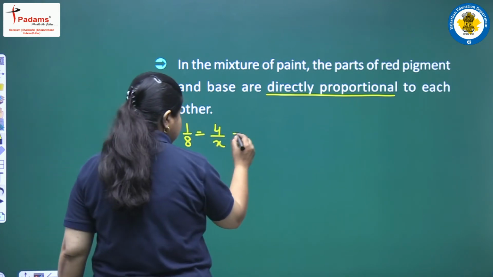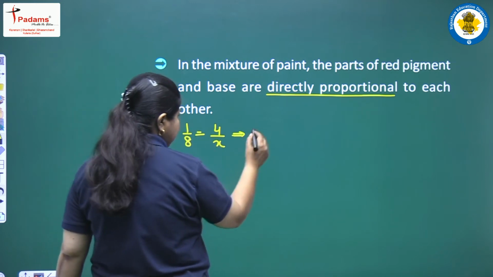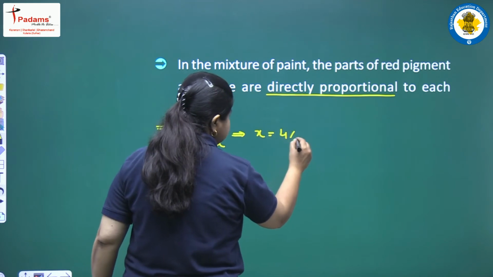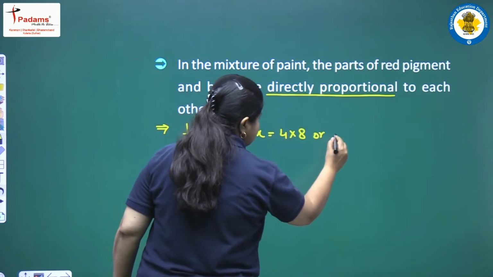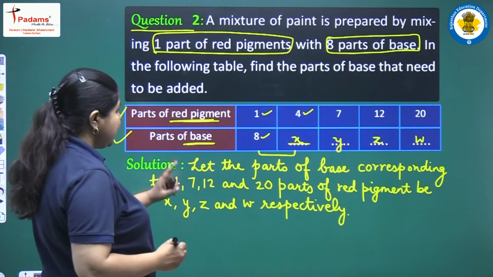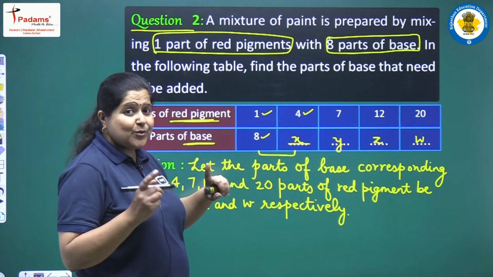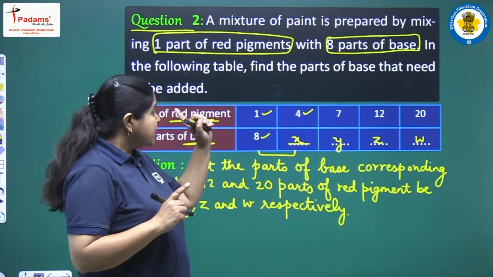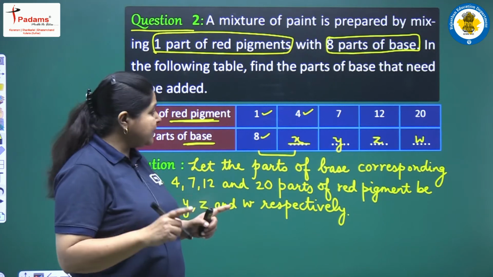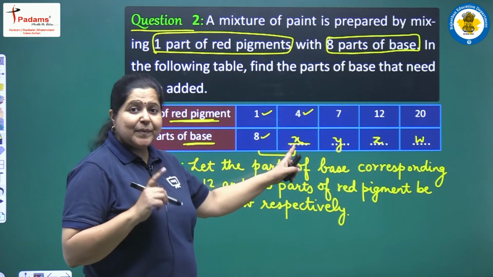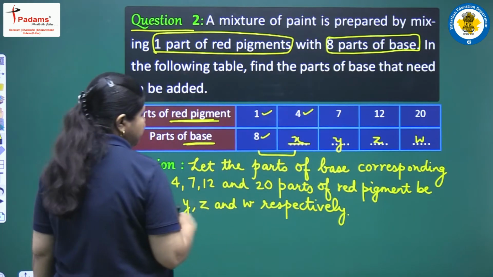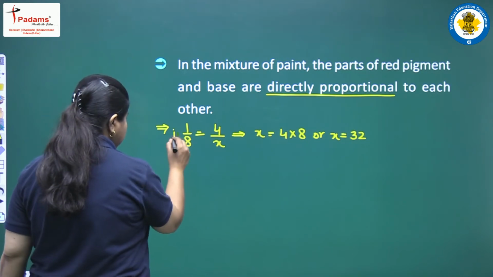ठीक है. From here we can write, on cross multiplying we get x equal to 4 into 8 और x equal to 32. तो यहाँ से हमें x की वैल्यू मिल रही है 32. और अभी हमने बात की थी, जब हम रेड पिगमेंट के पार्ट्स 4 लेंगे, then the parts of base should be 32. Okay. Next here for 7 parts of red pigment, we write here, let us give it part 1.